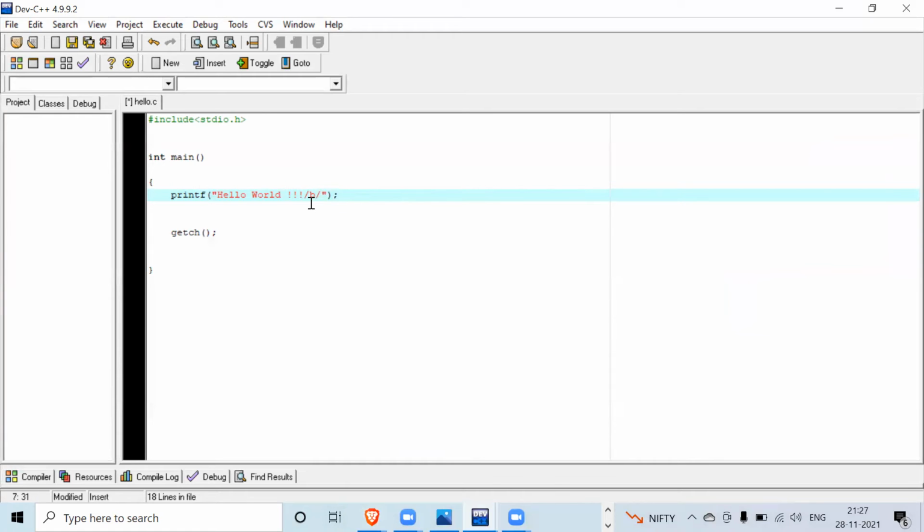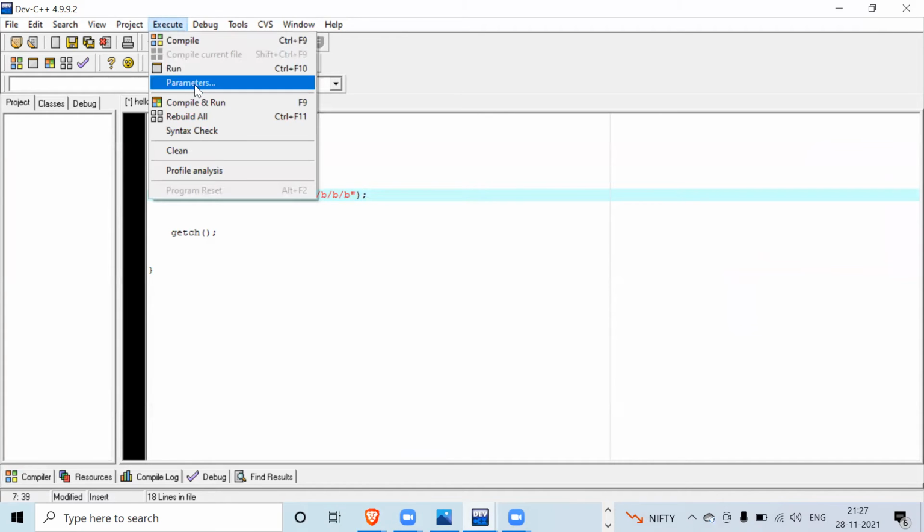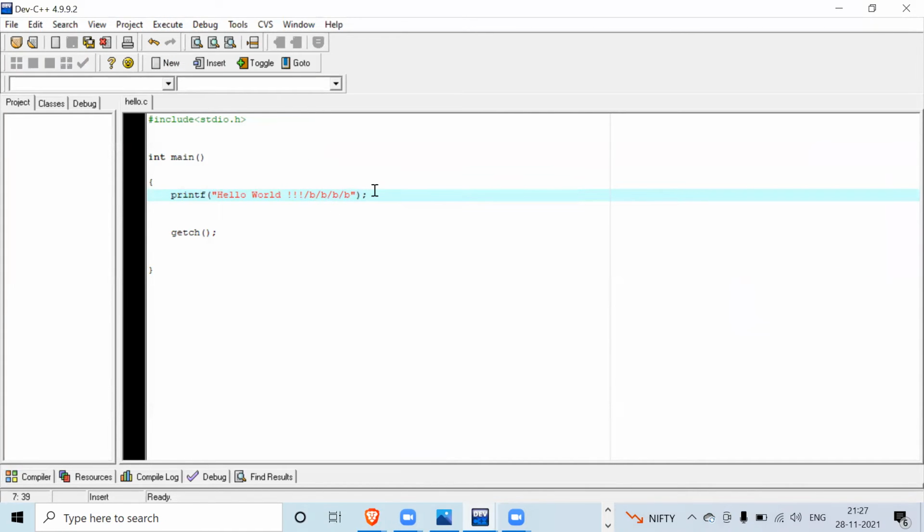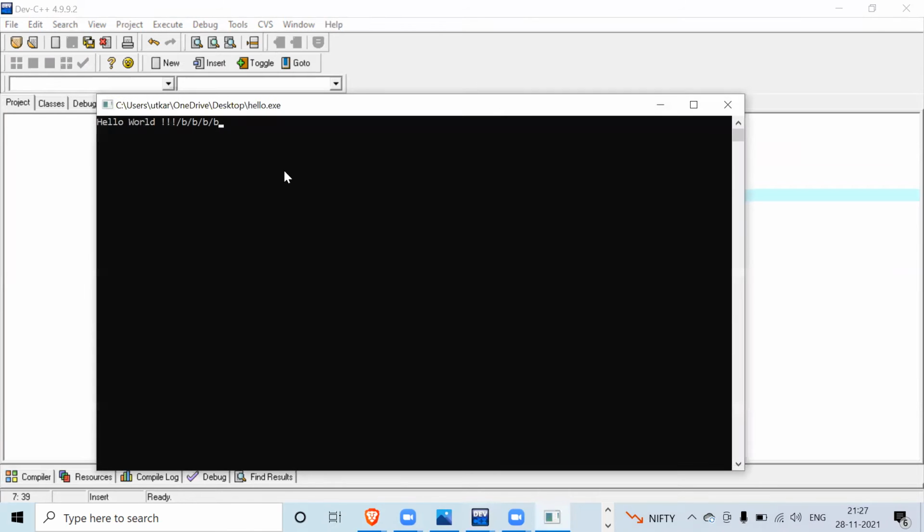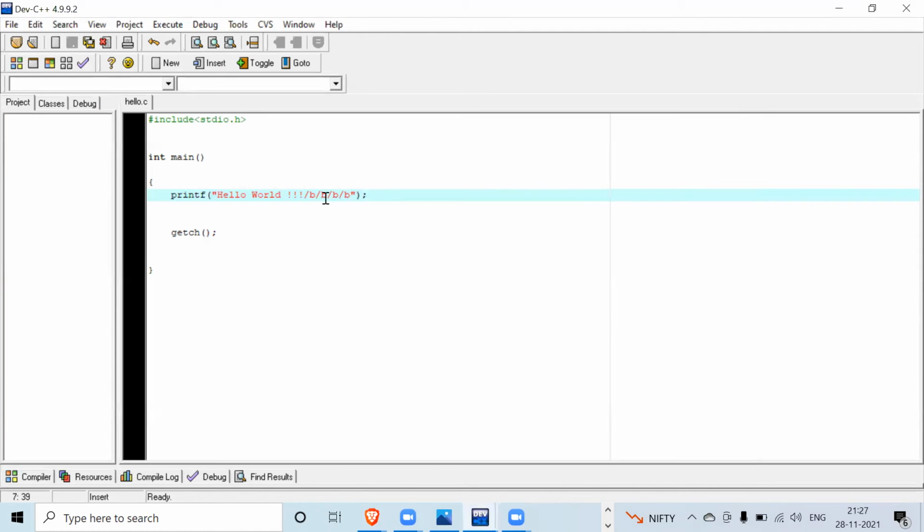Let's say we use three \b, and this \b is not really very useful these days. It's also used very rarely, but I'll still tell you what it does. Okay, I used it wrong. It has to be this one, backslash.